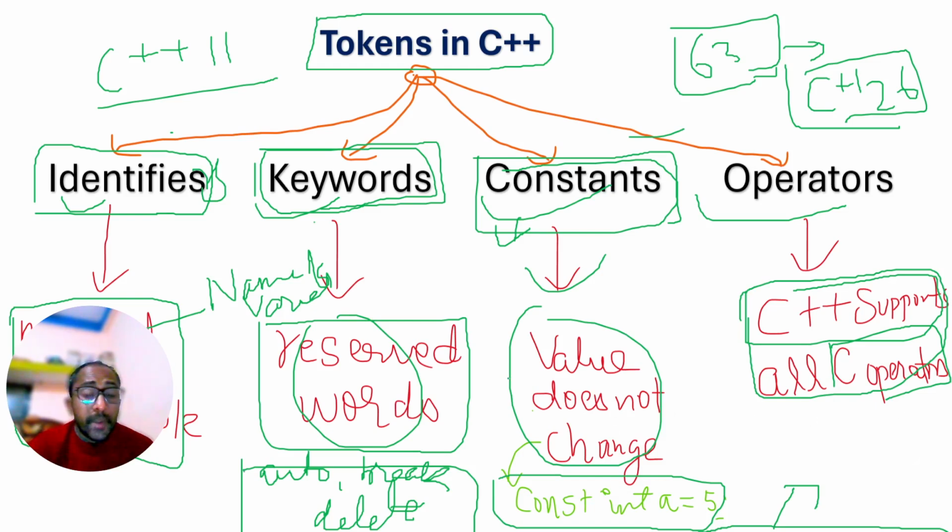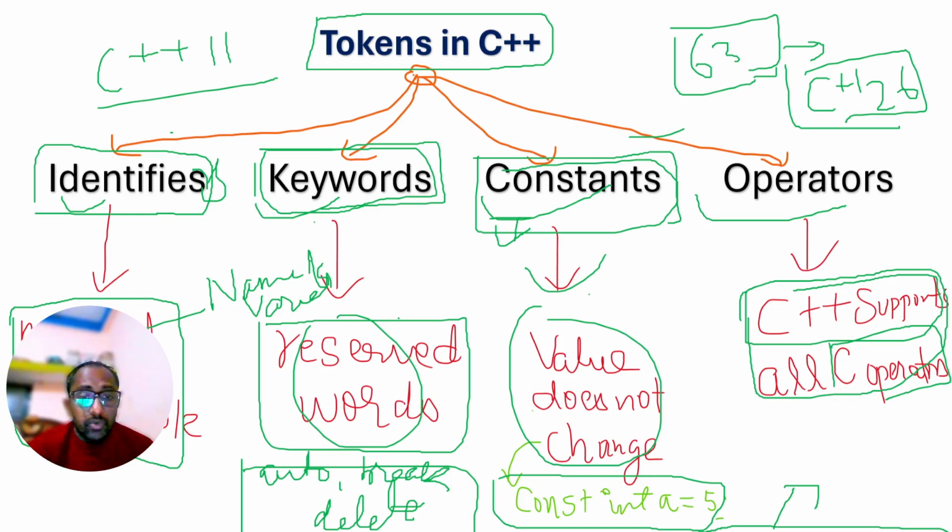As per our practical sessions, we will learn about tokens, such as identifiers, keywords, constants, operators, and what keywords we use in our programming later. Constant means the value does not change later. Once I declare and initialize the value, it does not change later.